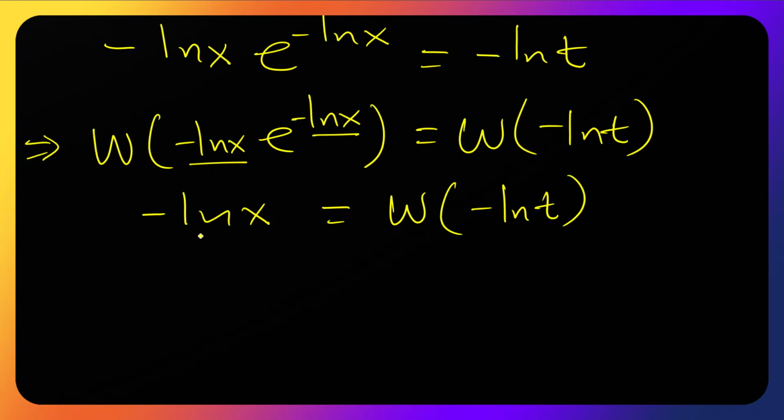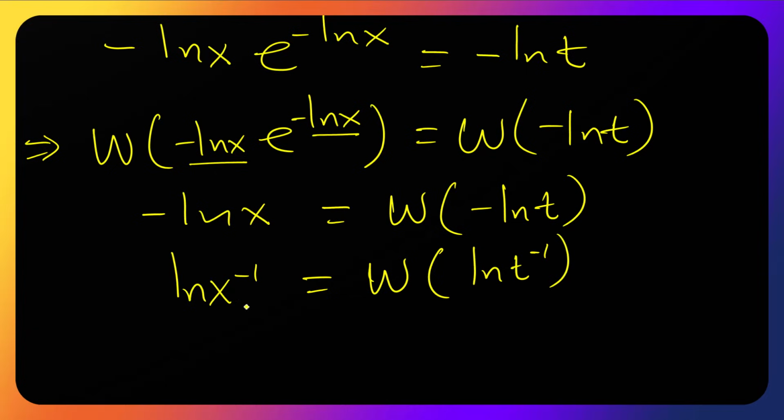Now let's manipulate this one. If this is a power rule, the same as ln of x to the power minus 1, we have the W function of ln of t to the power minus 1. So this one is the same as ln of 1 over x equals the W function of ln of 1 over t.